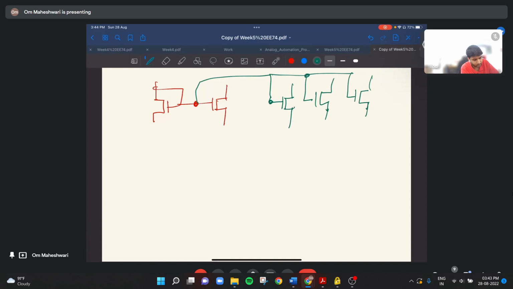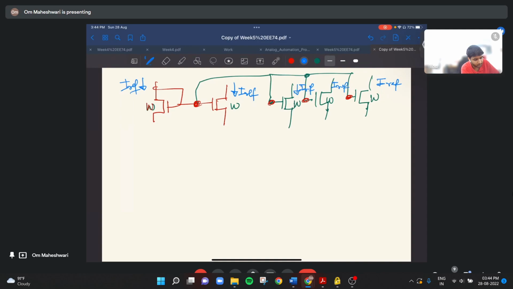So let us say all have the same width, W. Since all have the same width and the same gate voltage, whatever current is flowing through this reference transistor, IREF, the same current will flow through all; all will have IREF.